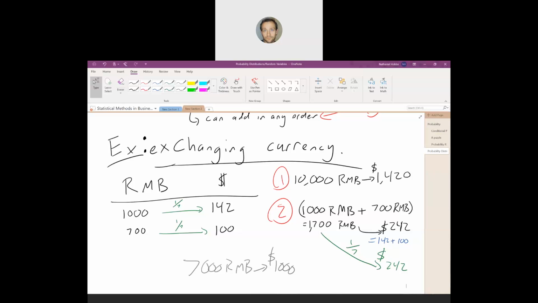There's no difference. Because it's more convenient. Yeah, it depends on what's more convenient, but they both work, right? You'll get the same amount of money either way.